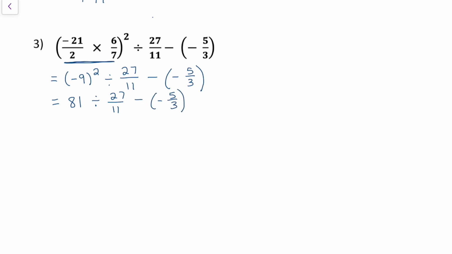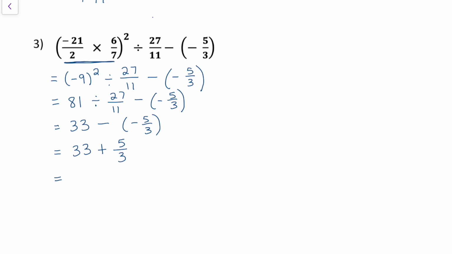So now I can do my division. 81 divided by 27/11 is 33. And now I can do my subtraction, which, because I am subtracting a negative, is going to be the same as adding.